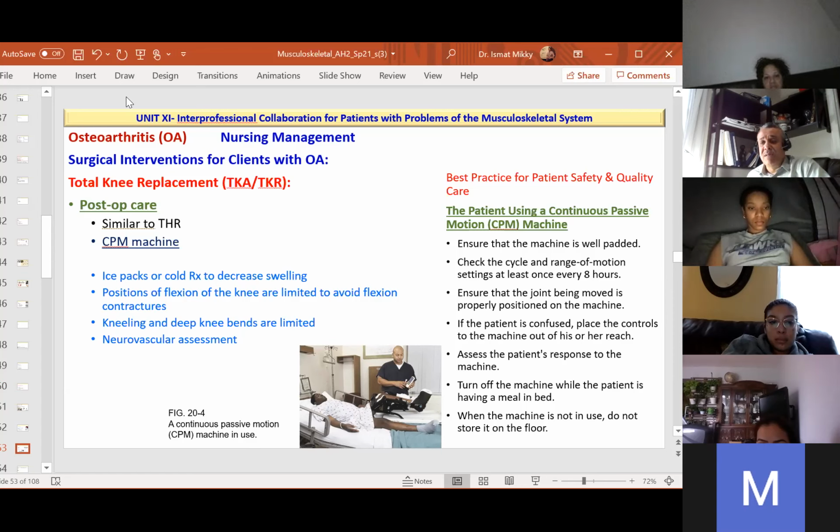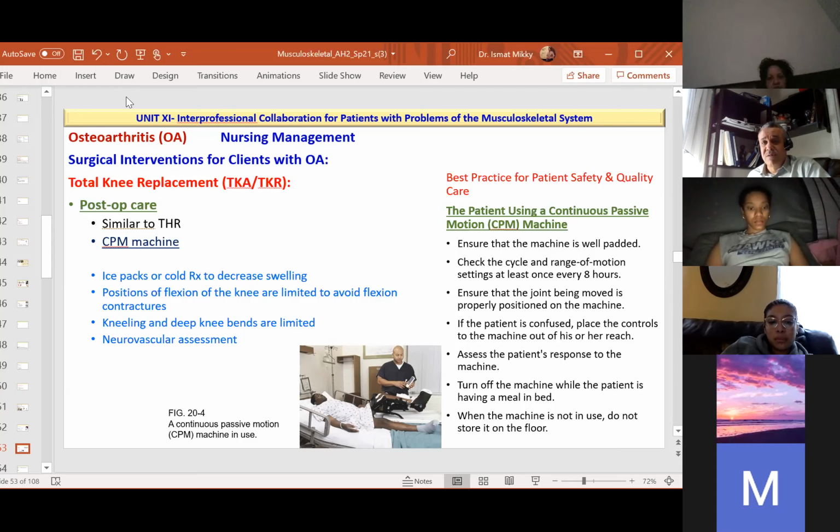Things to keep in mind, especially when patients have dementia or Alzheimer's, and the controller is close or in reach of a confused patient, for example, they're going to change the whole setting and start to play with the remote control, and that's going to ruin the whole thing.